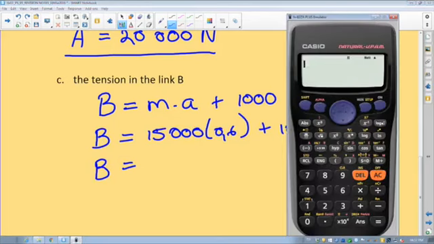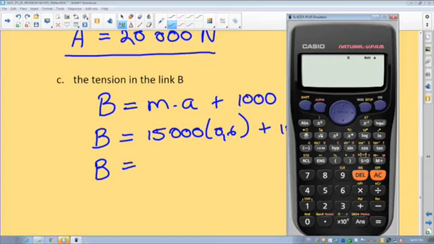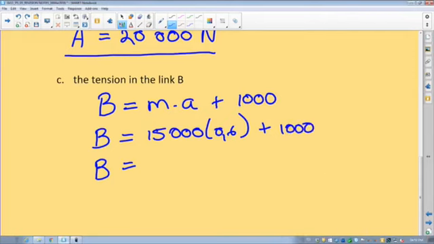Let's clear it. We're going to say 15,000 multiplied by 0.6 gives us 9,000. We add 1,000 and we end up with 10,000. So our answer for B is 10,000 newtons. Okay. Hopefully you kept track of what was going on.